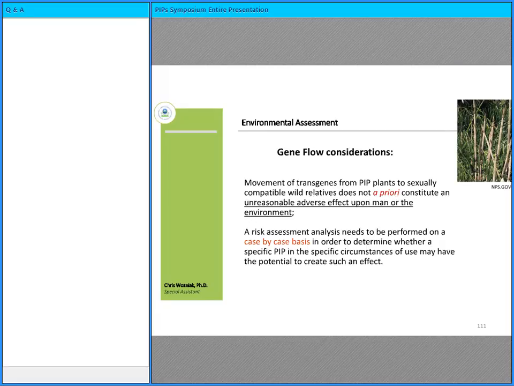I mean, we understand gene flow is the basis for the diversity we see in the plant kingdom by and large, and we merely want to get it captured in the risk assessment in instances where the crop does have sexually compatible wild relatives growing sympatrically. And in our case, looking just at PIPs amongst the broader array of genetically engineered plants, there are very few instances where this is even plausible.